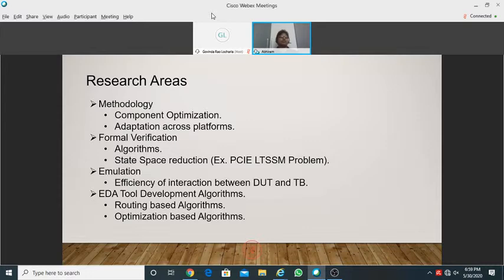There is huge potential in the methodology area, in how a component can be optimized and how it can be adapted across platforms.